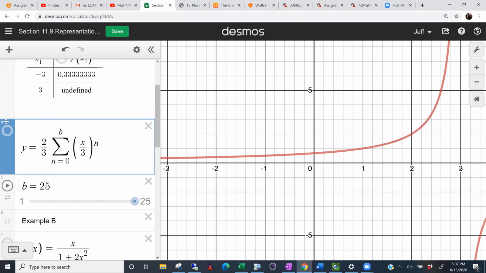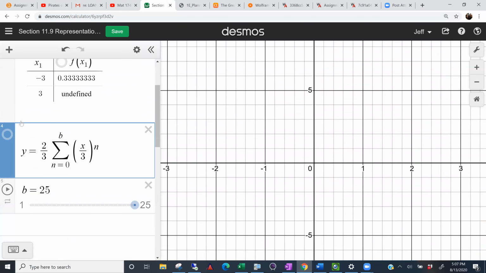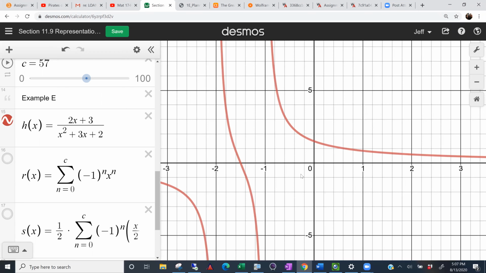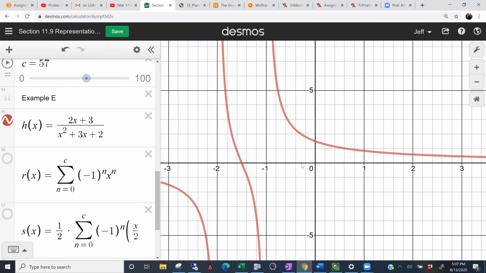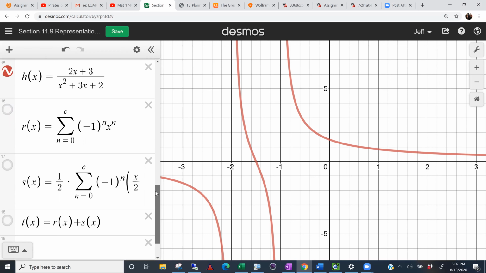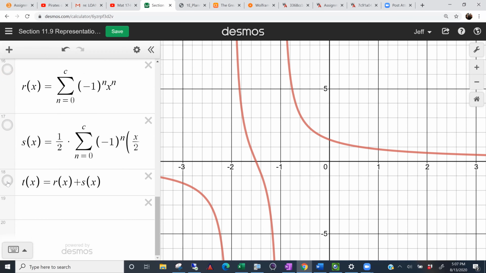Let me shut off some of these older graphs and move down to here. So here's your function. You can see you've got vertical asymptotes at -2 and -1, as you would imagine. What I did was I created a function for each series and then added those two together to get the final function.